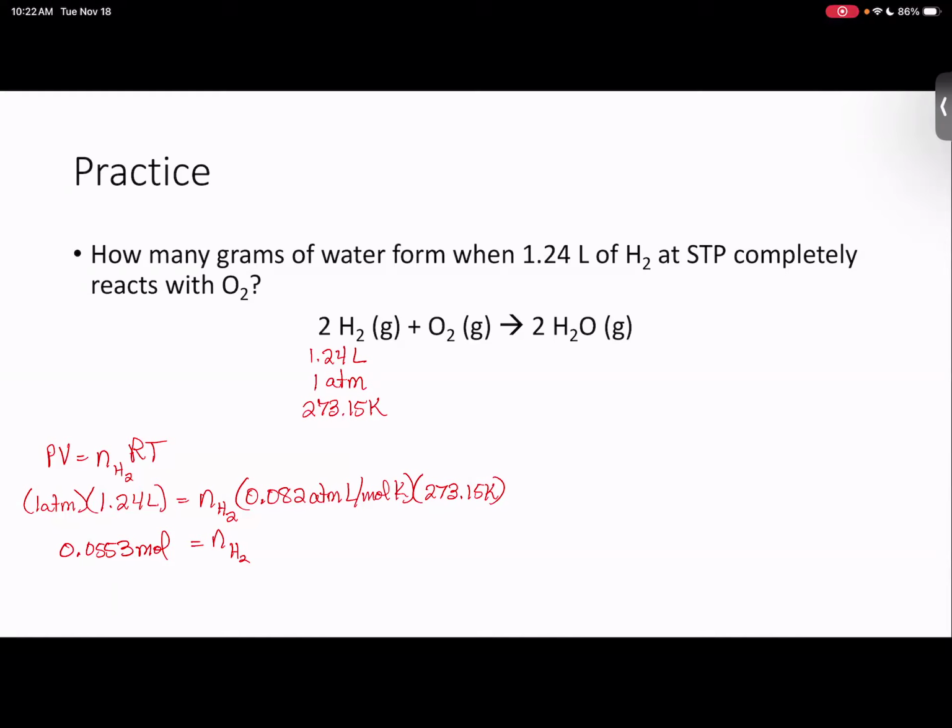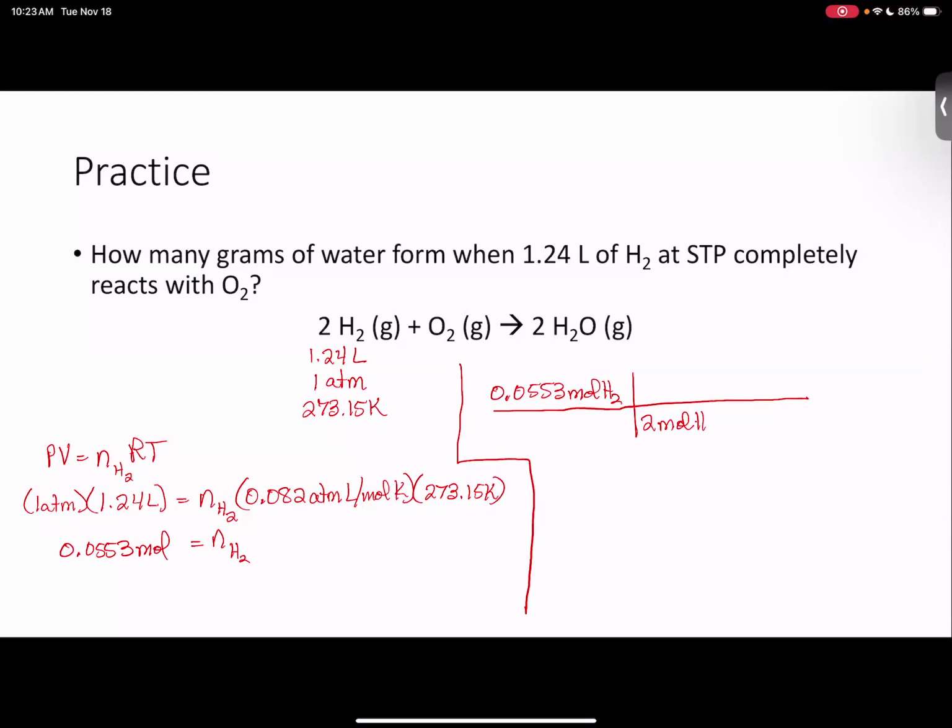So now I can get to the water because I can do some stoichiometry. I can take that 0.0553 moles of hydrogen. I can use the fact that for every 2 moles of hydrogen, I make 2 moles of water.